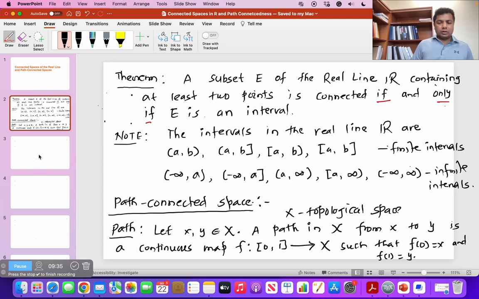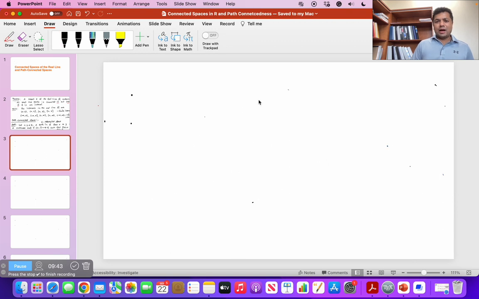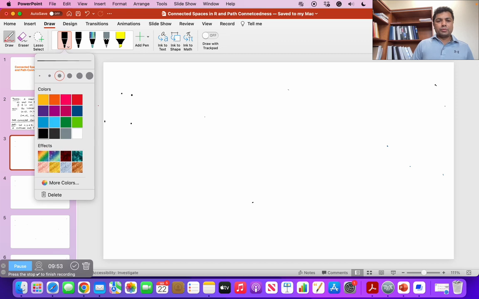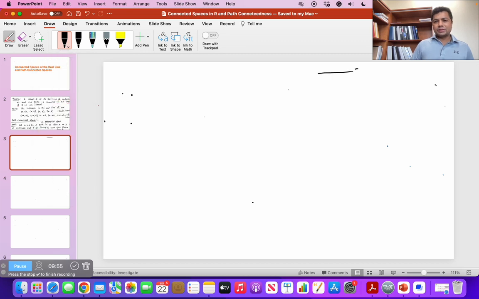Okay, so let me describe this definition of path using a graph or picture, to visualize it. What we have is a topological space X. So this is our topological space X.